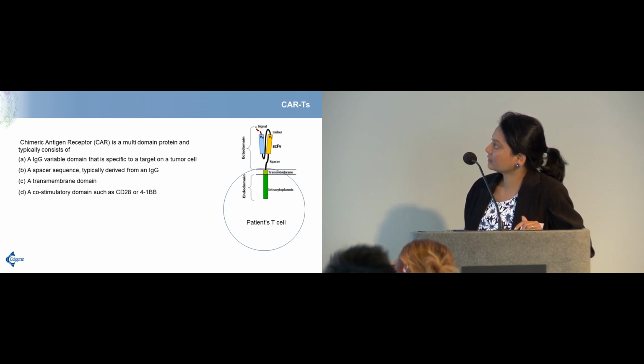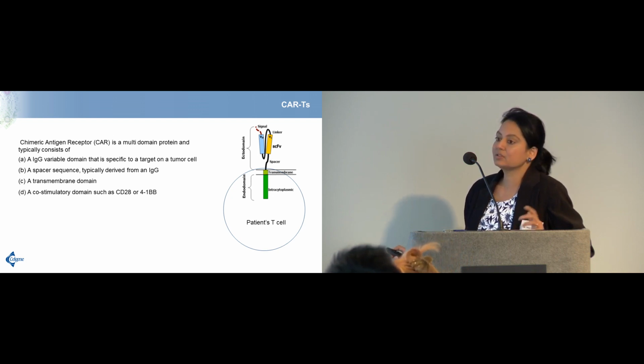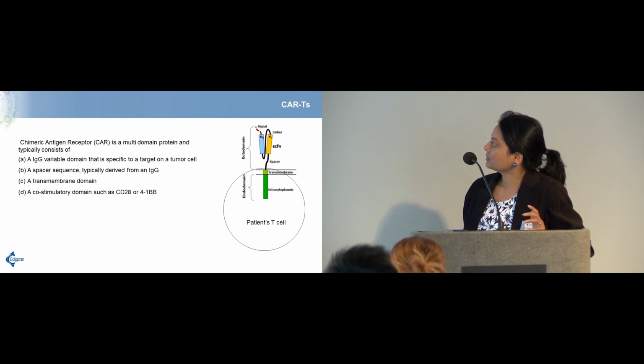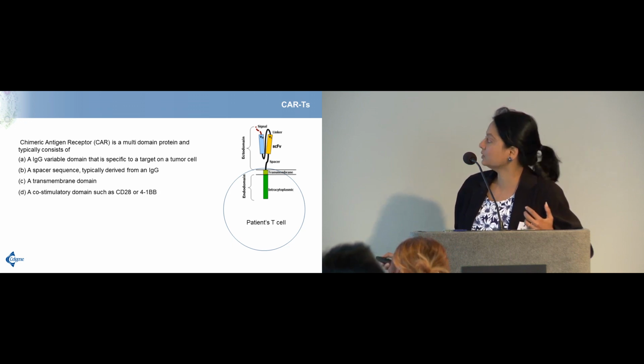The CAR construct is a chimeric antigen receptor, so this is the antigen receptor part of the construct. It is essentially the variable domain of a monoclonal antibody, attached to a transmembrane domain and an intracytoplasmic signaling domain.